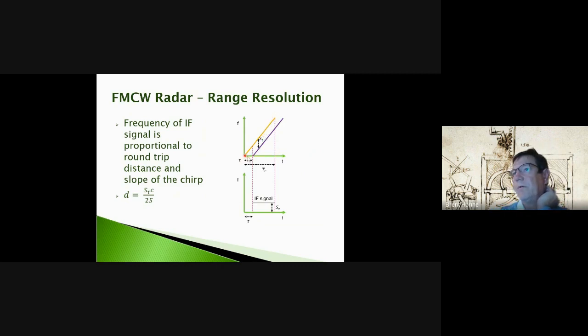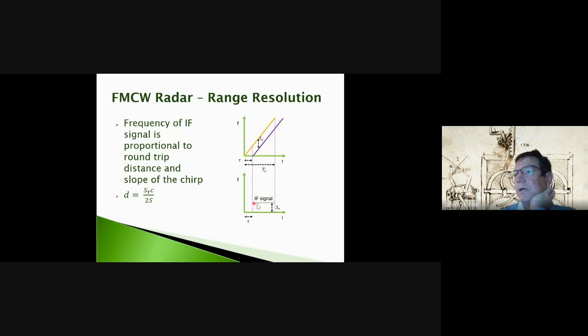So this is the round trip delay, but the chirp is much longer, and we have some significant overlap here. That's going to create at the IF this single tone frequency. Here it's a chirp, here it's a chirp, but if we look at the difference, it's a single tone.